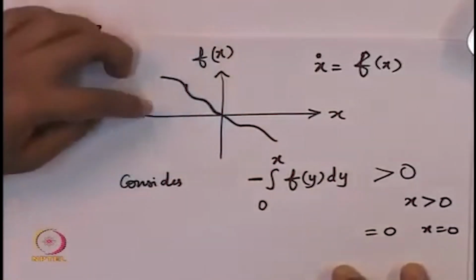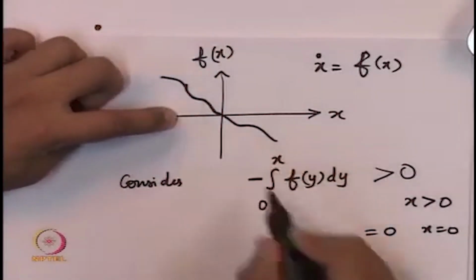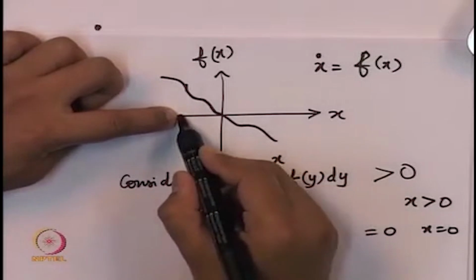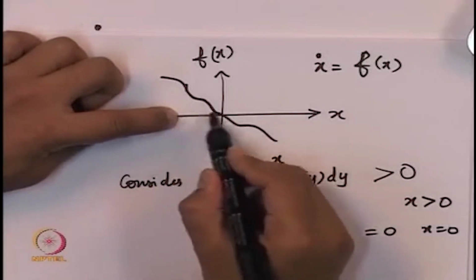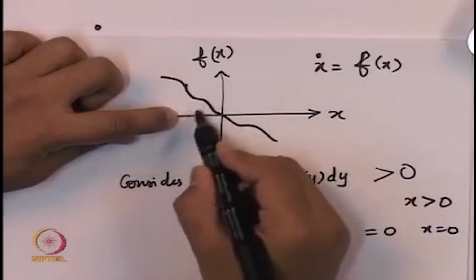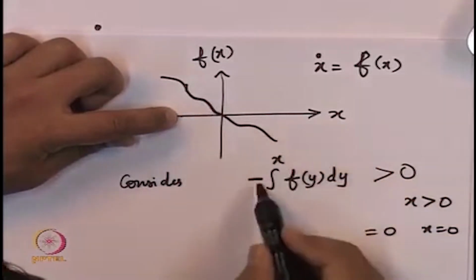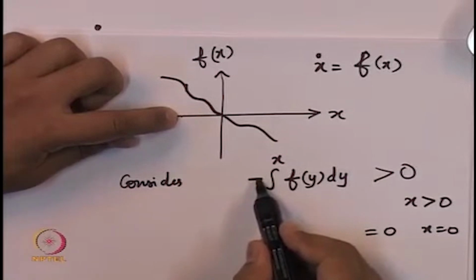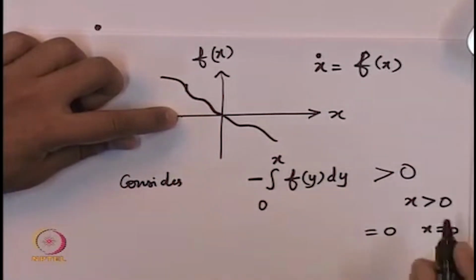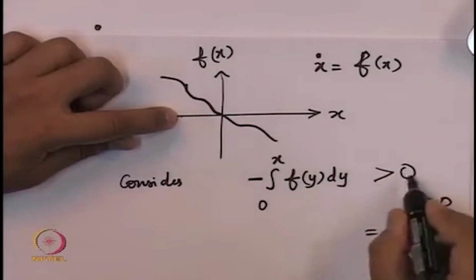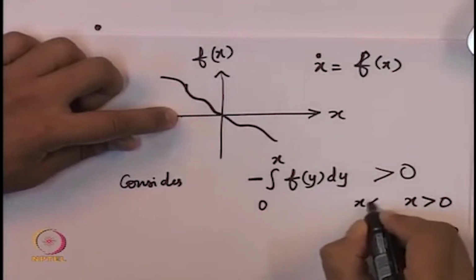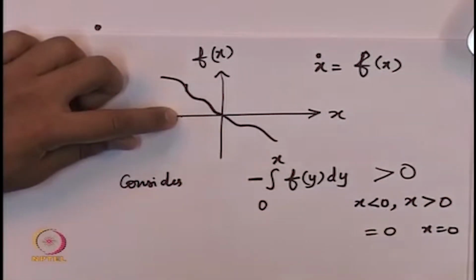What about for x negative? For x negative, we will instead consider the integral from x to 0. From x to 0, this particular quantity has positive area, and hence from 0 to x it has negative area. So after this negative sign has been put, this one is satisfied. So in fact this greater than 0 is satisfied for both x less than 0 and for x greater than 0.